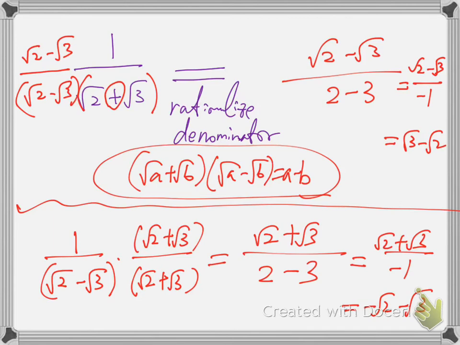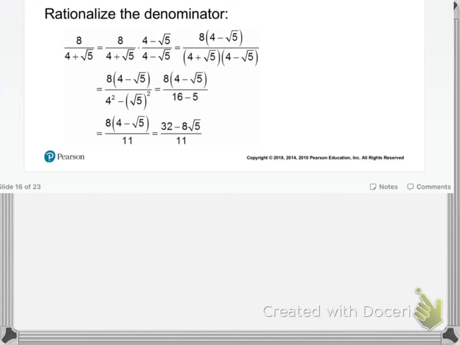Now let's look at a harder example. This is the denominator, 4 plus radical 5. Now you see it's not radical A minus radical B. So what's 4 plus radical 5?